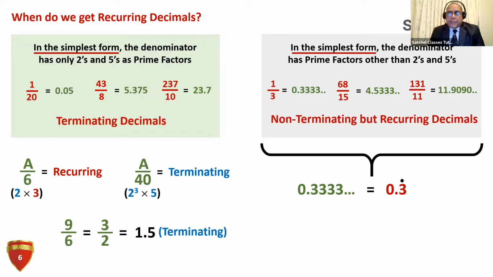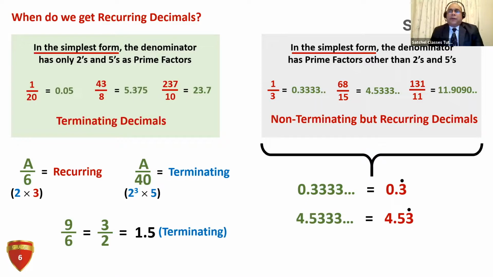The dot indicates that that particular decimal digit will recur or repeat, right? Likewise, if we have 4.5333, 5 is not recurring, but 3 is. So we put a dot over 3, 4.53 with a dot over 3, indicating that 3 is the only digit which recurs. 5 doesn't recur, 3 recurs.